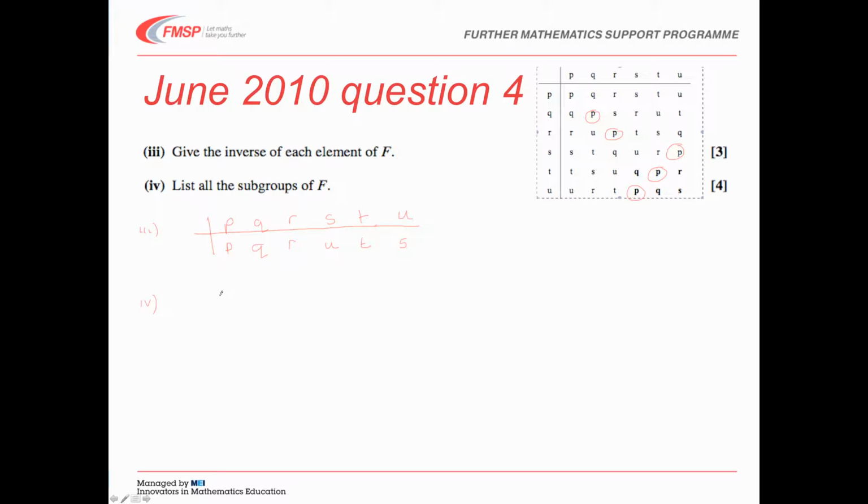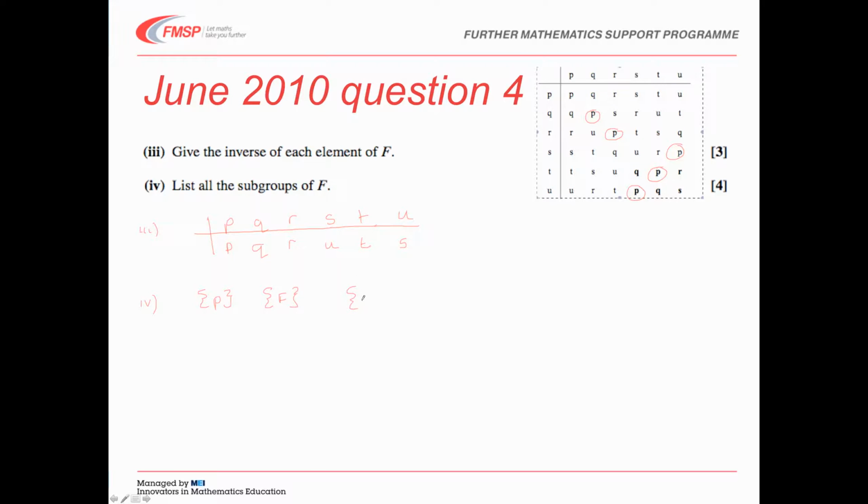So if I look at all the subgroups of F, well, actually, in this case, they didn't worry too much about these ones, but we should always include, if they say all the subgroups, the identity and the full group. But in this case, they didn't actually take any marks off if you didn't get those, because the ones they're interested in are the other ones. Now, because it's a group of order 6, it could have subgroups of order 2 and 3 as well.